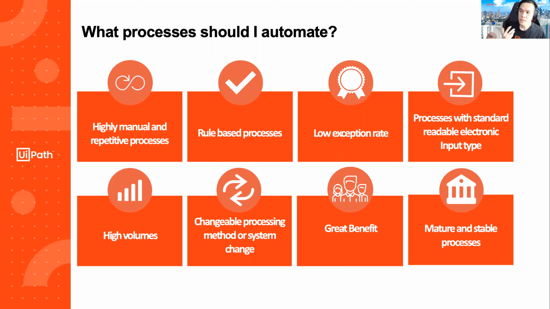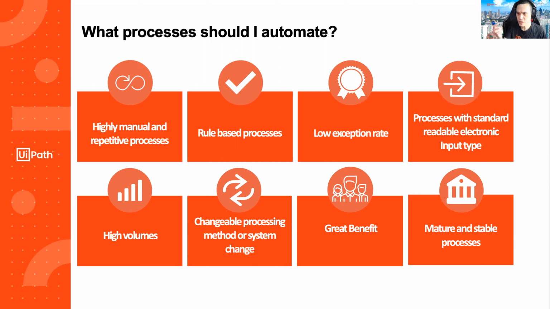And those are the sort of processes that you want to automate, those that deal with standard readable electronic input. And you want to target processes that have a high volume, because if you automate that high volume process, then you achieve a much higher ROI compared to automating a low volume process, right?